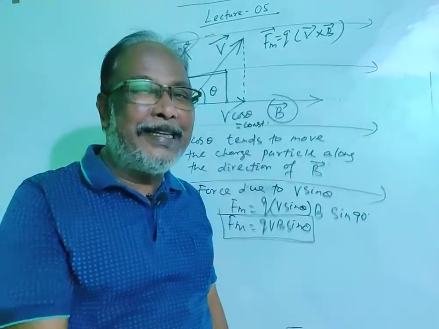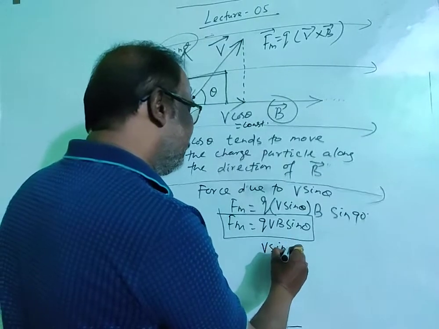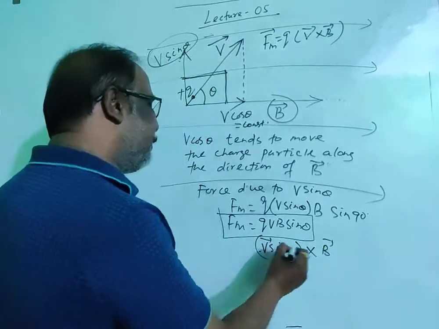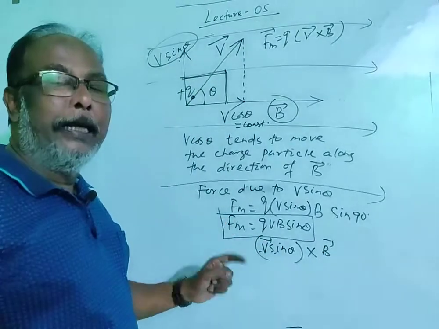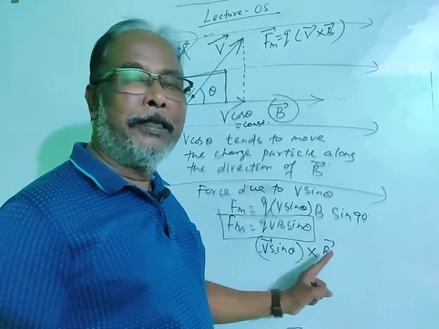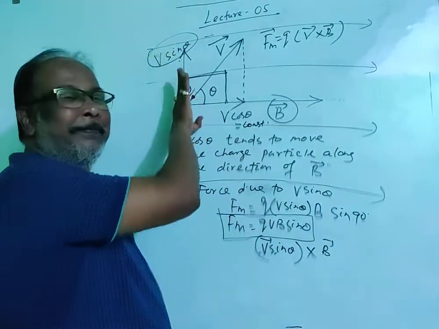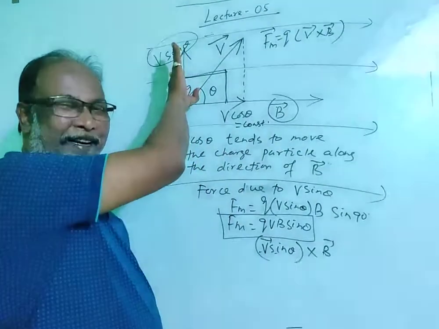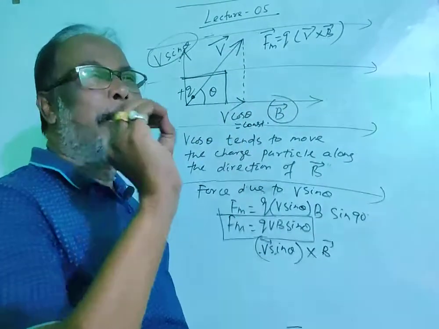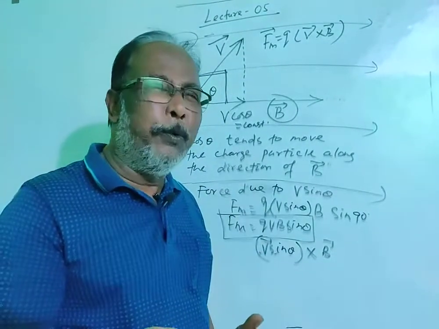Then what should be the direction of the cross product of v sin theta and B, so that we can determine the direction of magnetic force? Simply use cross product rules to find the direction.